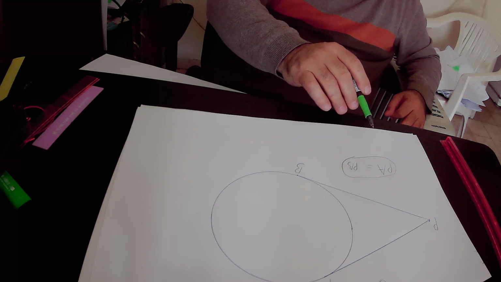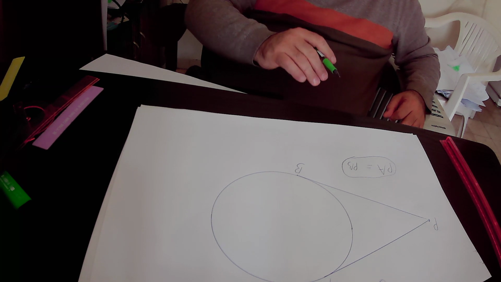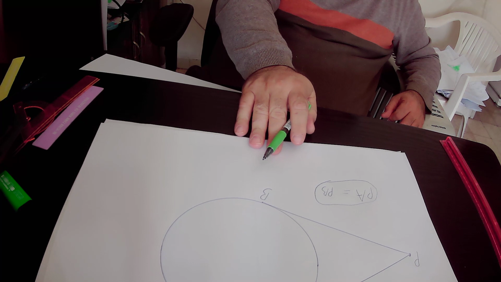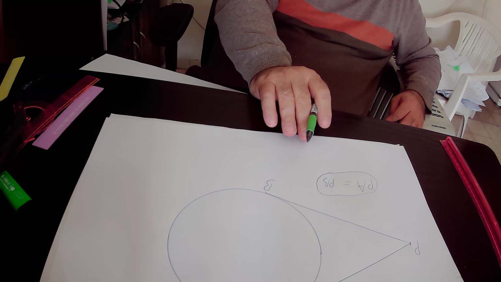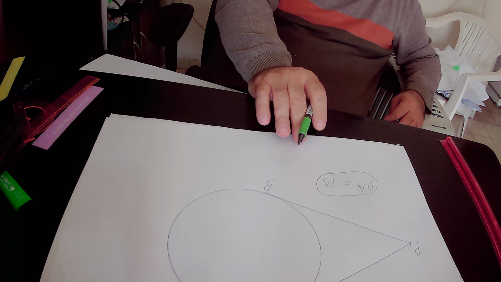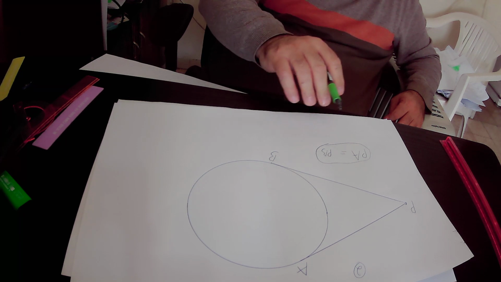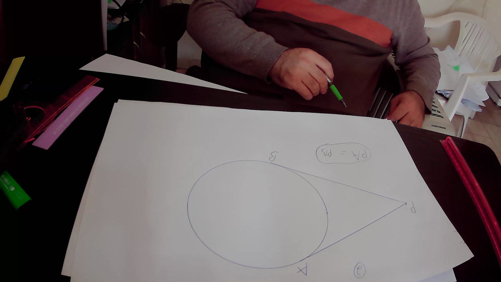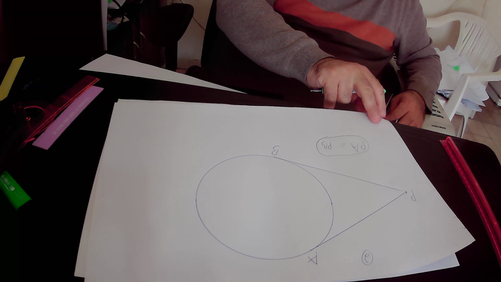That is to say, PA is equal to PB. So whenever you draw two tangents to a circle from a common external point, the lengths of those two tangents will be equal to each other. In this case, PA is equal to PB. Okay, so that is the meaning of the two tangents theorem or rule number 2.